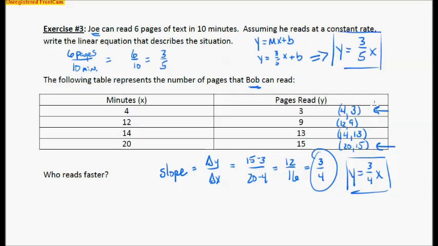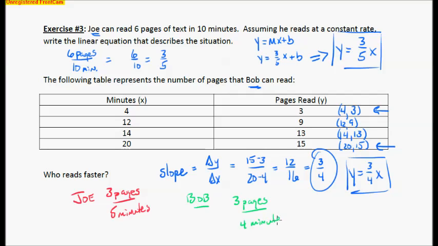If you put the units back in, that means Joe can read 3 pages in 5 minutes, and Bob can read 3 pages in 4 minutes.